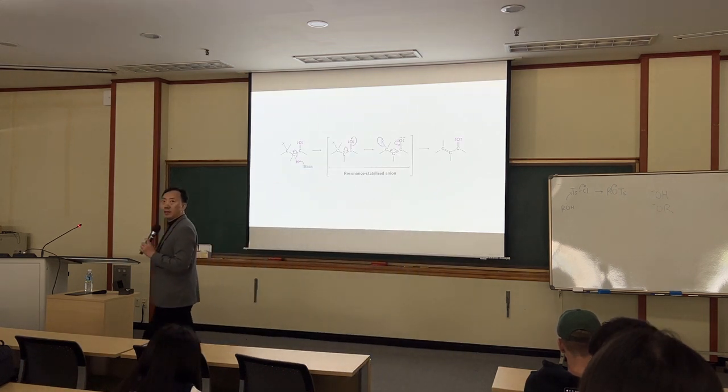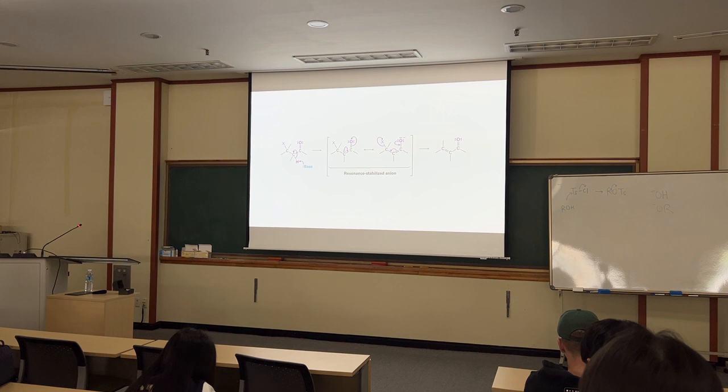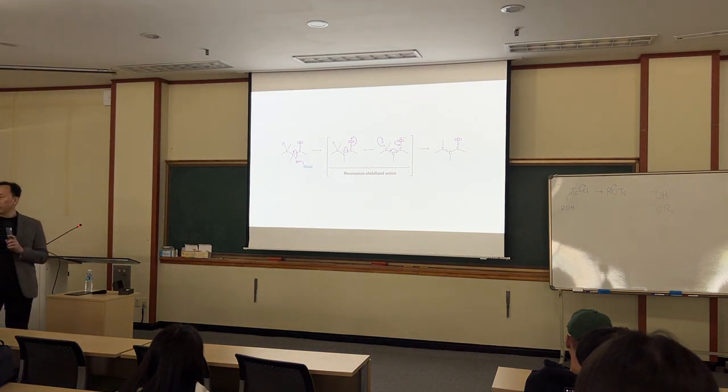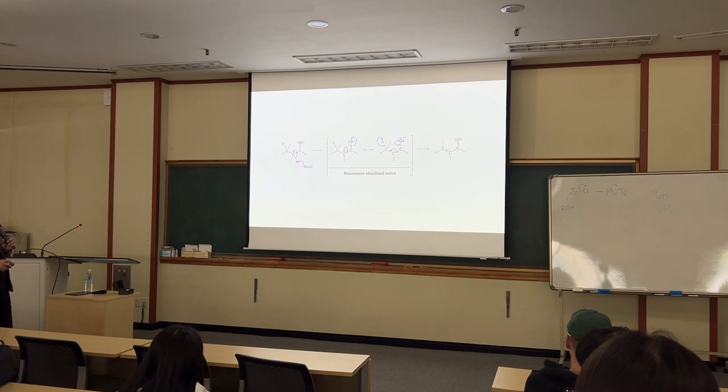Now, lastly, the mechanism of E1cB. So usually in the E1 case, the chloride is removed first and a carbocation is formed. Or a base attacks here and then pushes, a two-step reaction happening together. That's the E2 reaction. But sometimes this proton can be removed first to form a temporary carbanion intermediate.